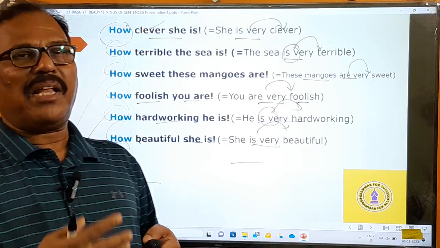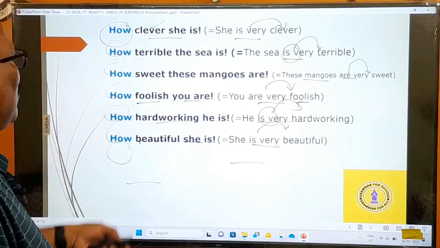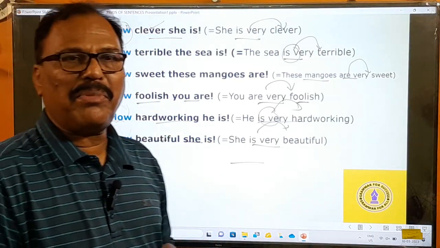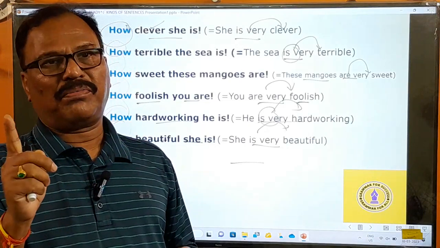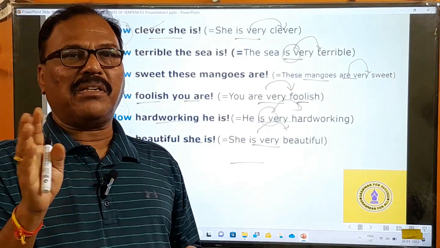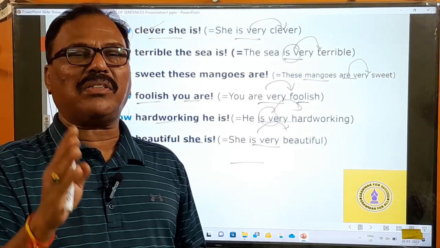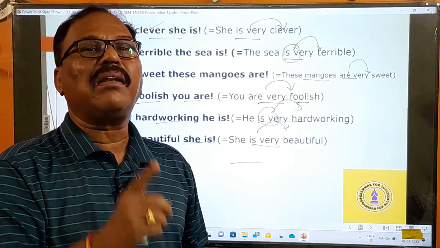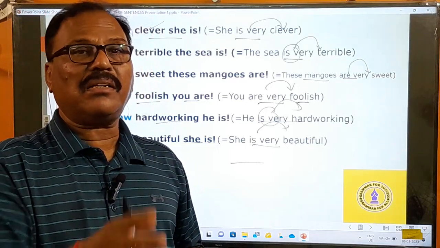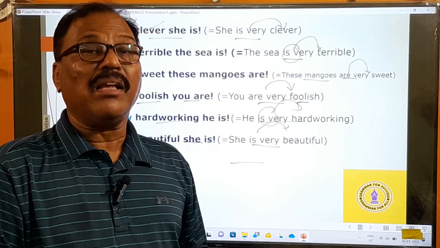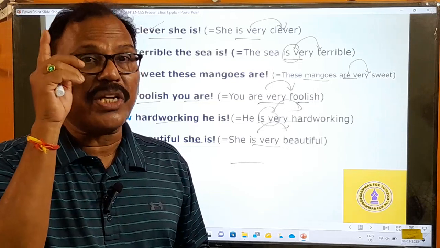One important aspect of them is they begin either with what or how. The exclamatory sentences beginning with what and how are called the real exclamatory sentences. The other exclamatory sentences also begin with interjections.